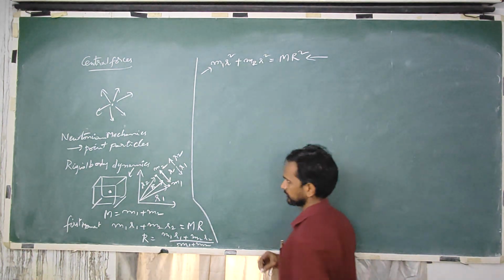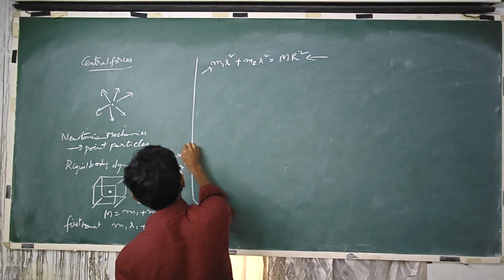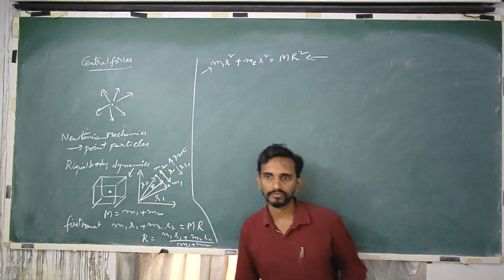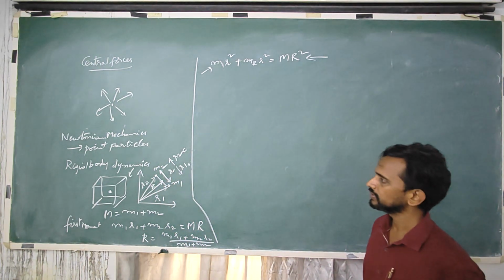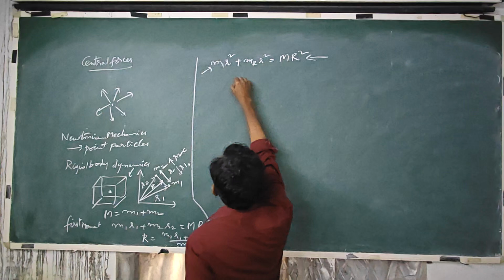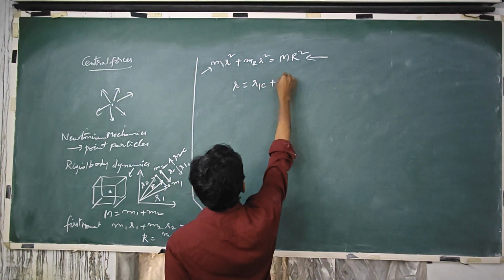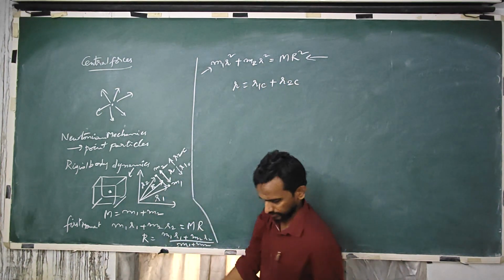I need a different notation for this. So R is equal to R1C plus R2C.